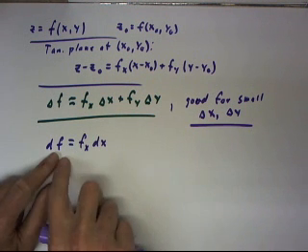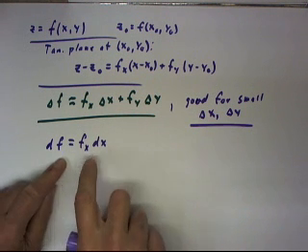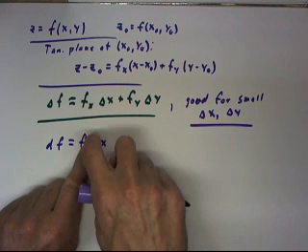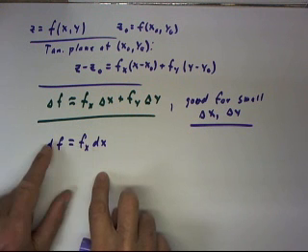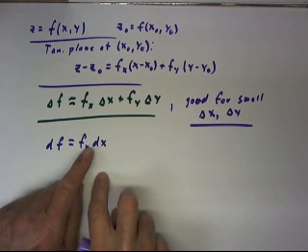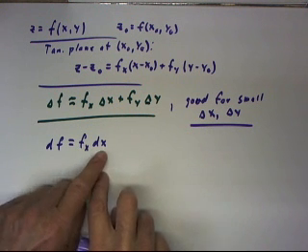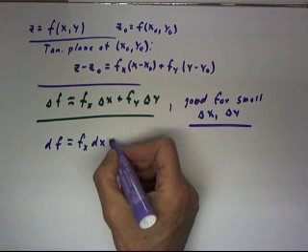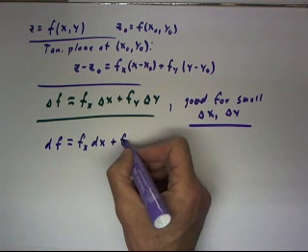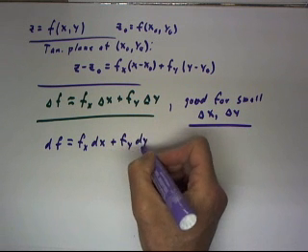So far this looks like the differential for a function of a single variable, where instead of f_x we might write this as f prime or df dx. The change in the function is equal to the derivative times the change in x. For a function of more variables, we're going to have to add f_y dy.